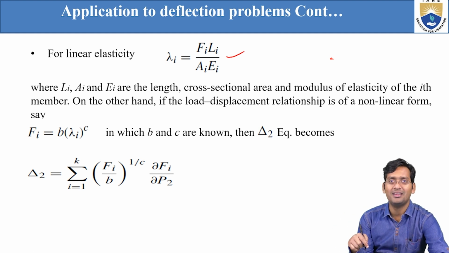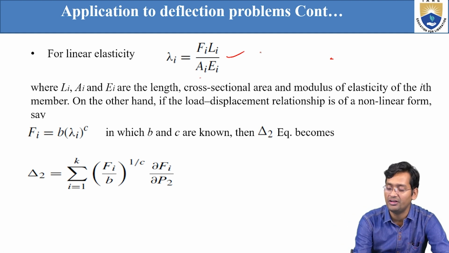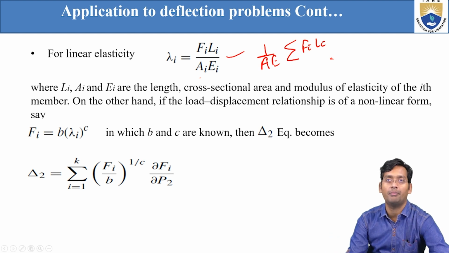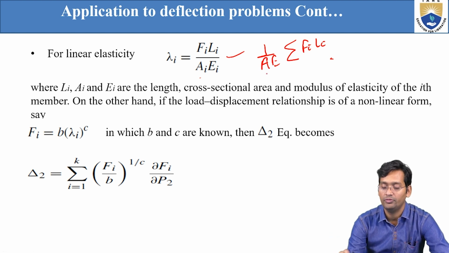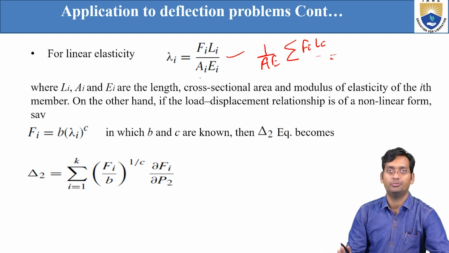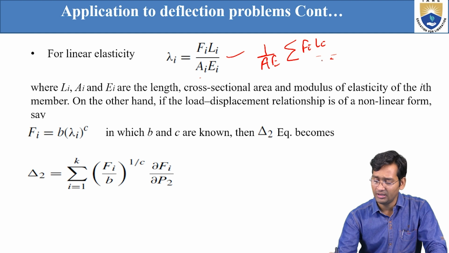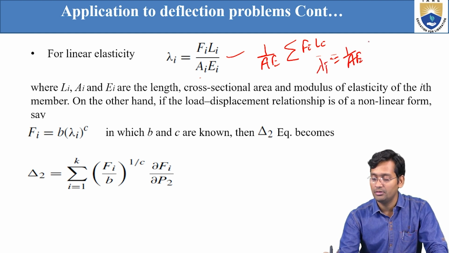If the same material and same cross section are there, then there is no need to find each one; simply we can write 1 by AE and common sigma Fi Li. That will be the lambda. So AE we can just take common out, and this will be the total lambda. Or simply lambda 1 is 1 by AE into F1 L1.